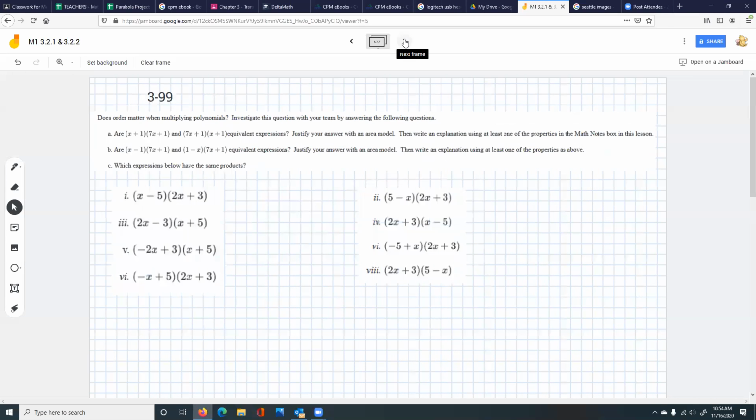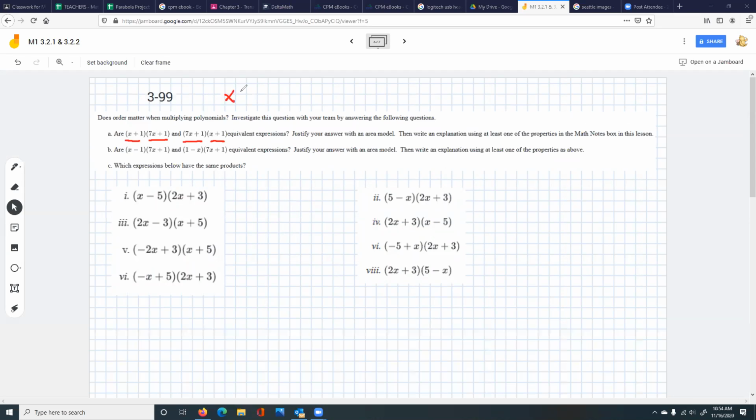Next slide, 99. Okay, and I don't think we're going to do all these either. Does order matter when multiplying polynomials? Like is x plus 1 times 7x plus 1 the same thing as 7x plus 1 times x plus 1? Does it matter which one we put first? It shouldn't, right? So this should be the same thing.